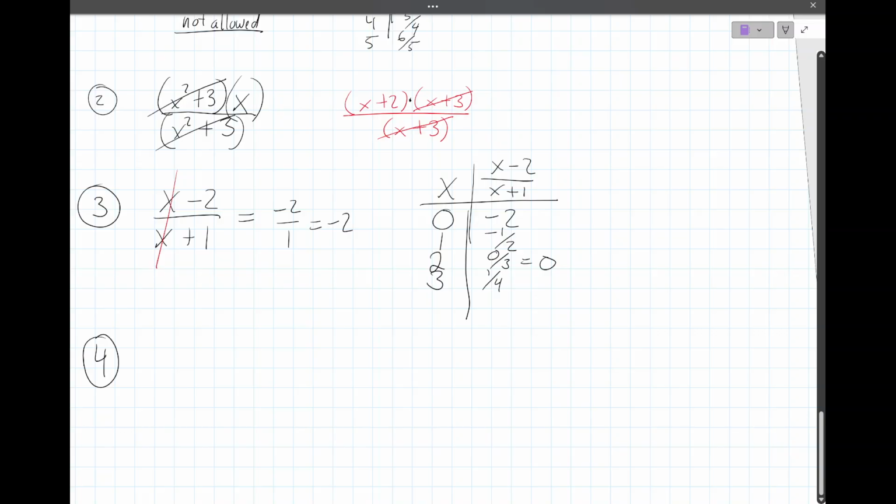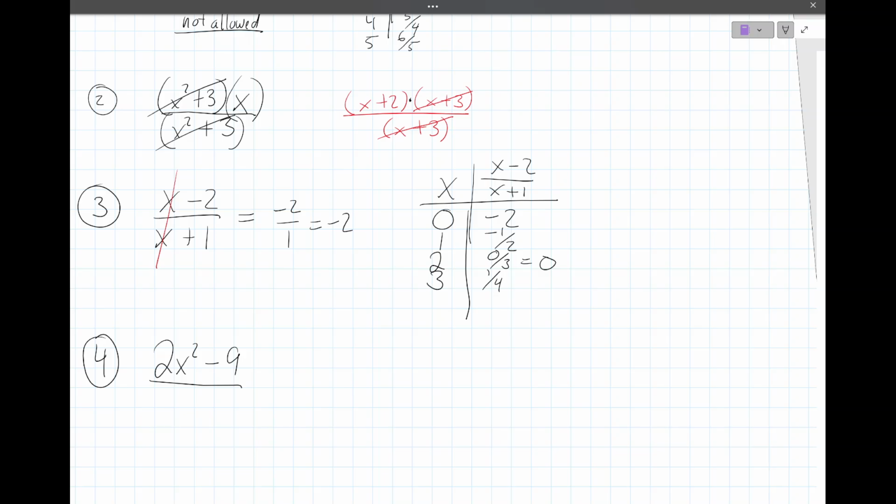And then finally, (2x² − 9)/(2x − 3). What's happening here is I can't factor the top. It's not a difference of squares. The x doesn't get to cancel with the x, and the 3 and the 9 don't get to cancel, and the 2 doesn't get to cancel either.